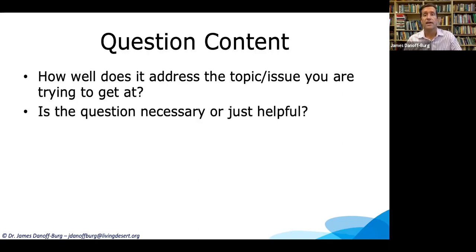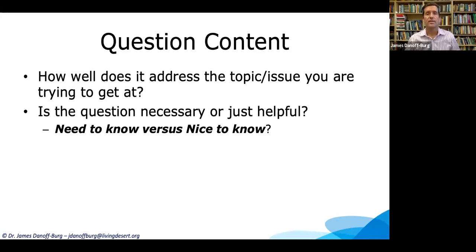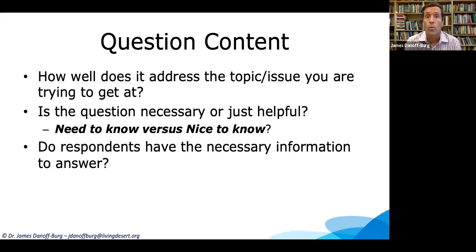All right. Remember, is it necessary? Is it a need to know, or is it just a nice to know? We want need-to-know questions. Ideally, only need-to-know questions. So, when you're talking to respondents, do the respondents have all the necessary information to be able to answer? If you're interested in rainfall, do they have a rain gauge so they could tell you how many millimeters of precipitation has fallen in the last month?